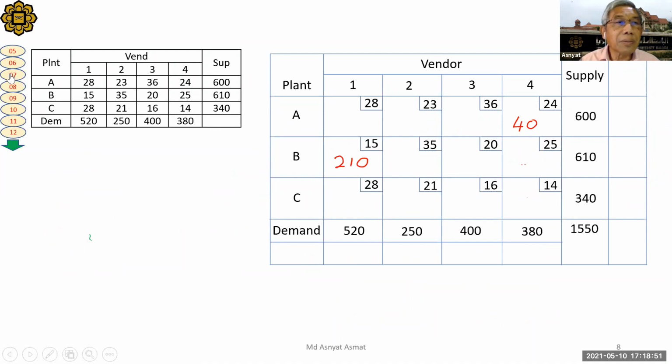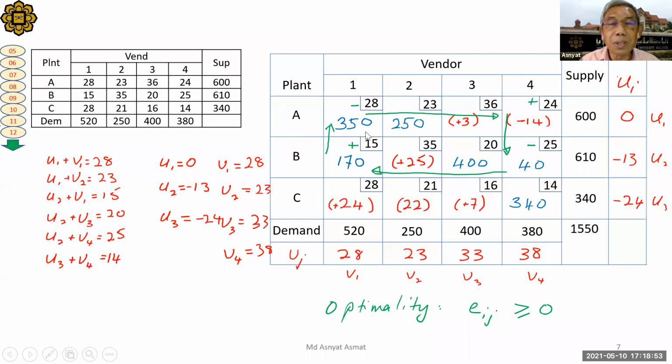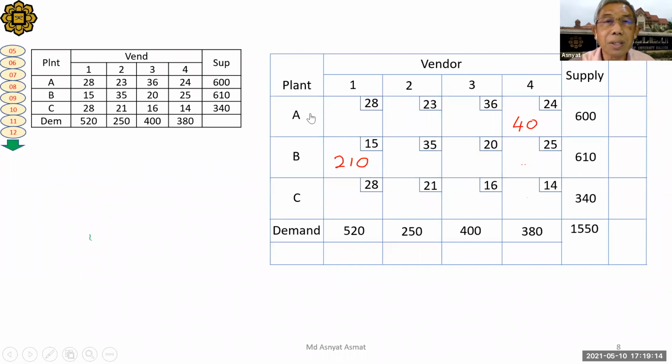Look back. Take 40 from 350. What do you get? 310. Okay, let's write down 310.